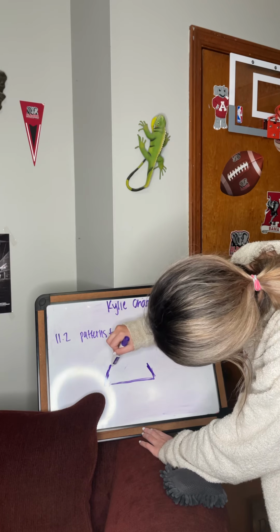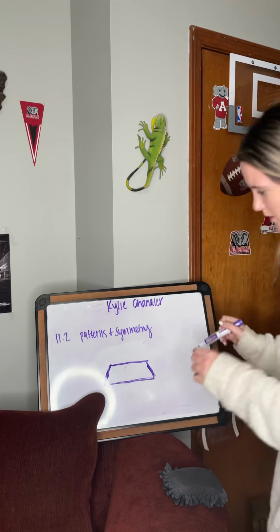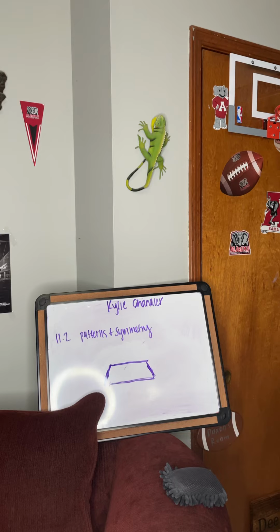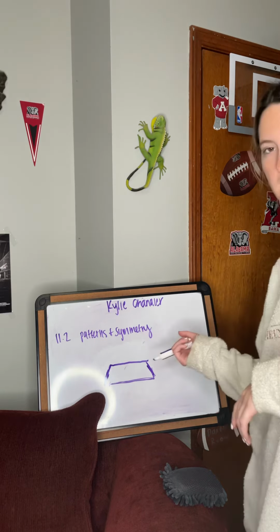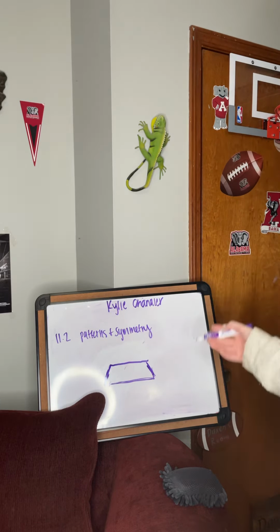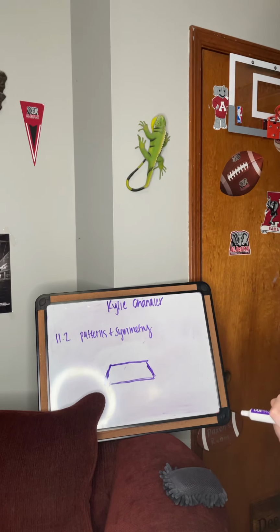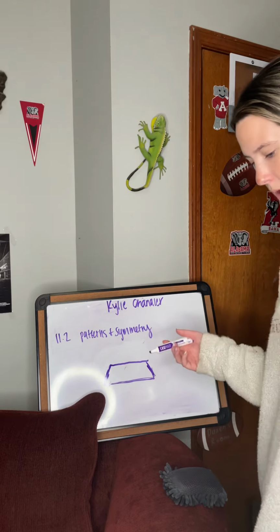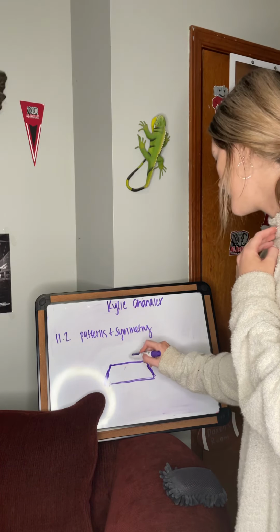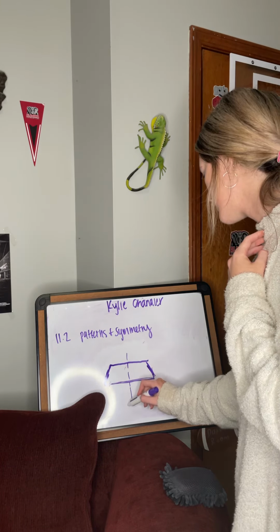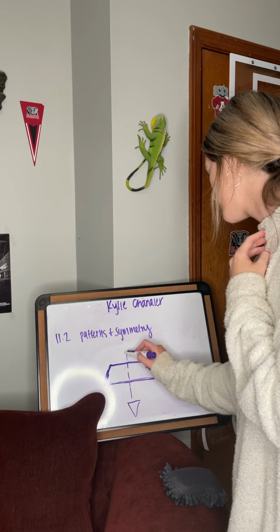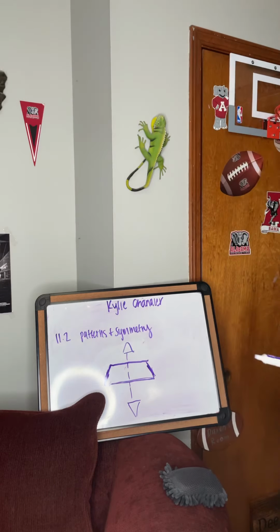This would be a lot easier to explain if I was good at drawing. Okay, so like the other ones before, it's just going to be whatever you can fold along the line that both halves match up easily, or evenly, my bad. And this one only has the one side going down the center.